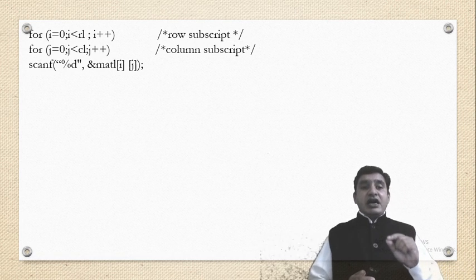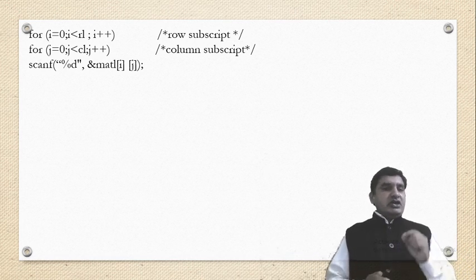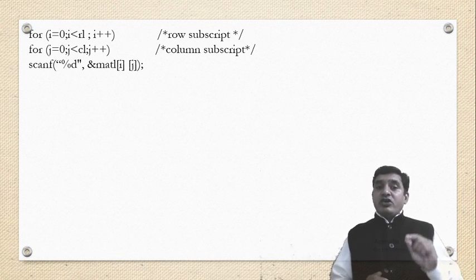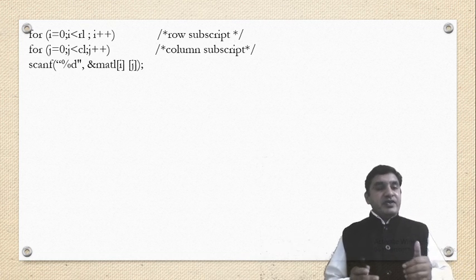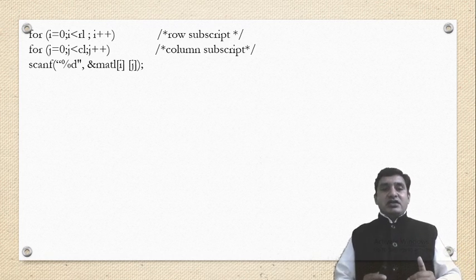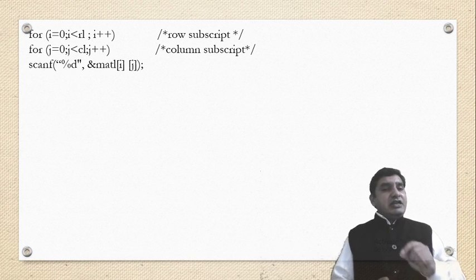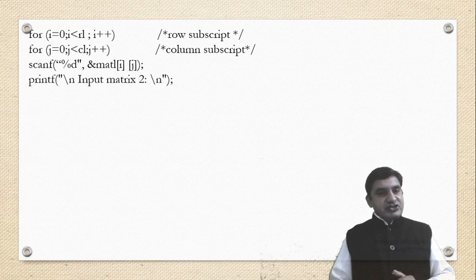Because i and j are both integers, where i is for rows and j for columns. Now we enter the values of rows and columns by using this scanf function.